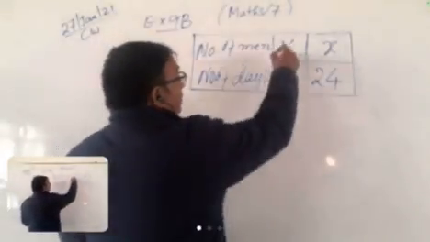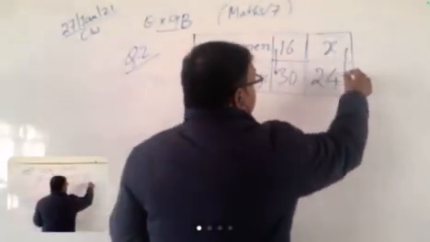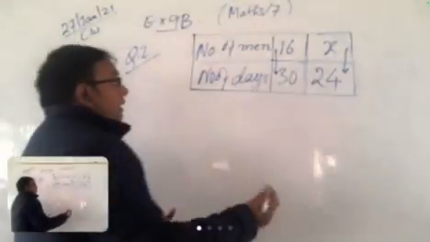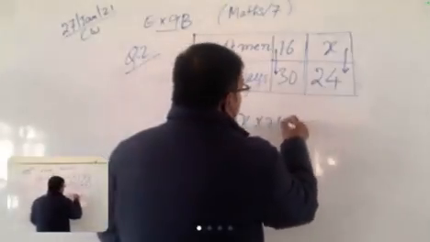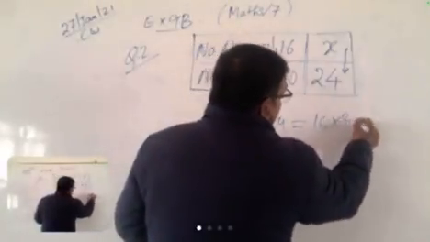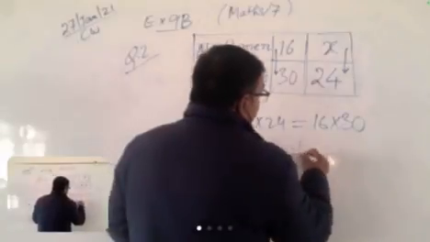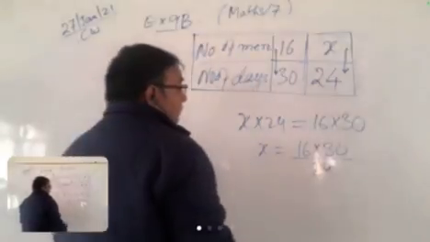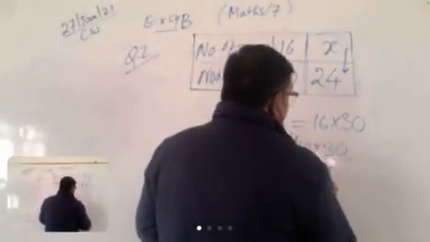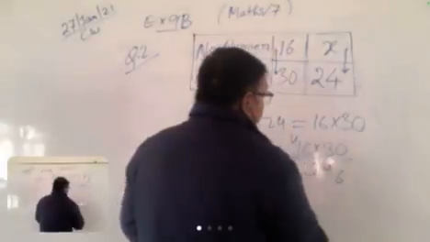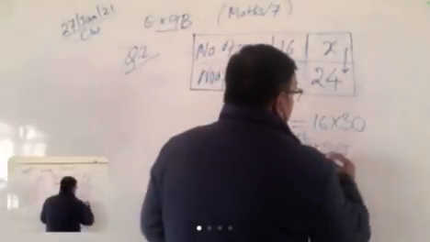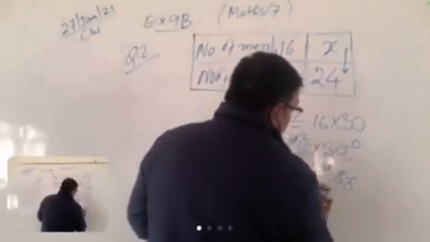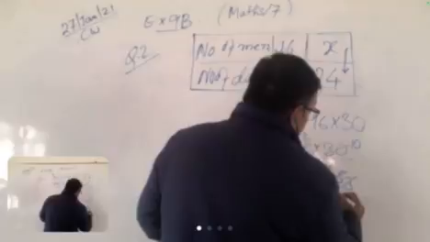Again, every time if it is inverse, then we have to put an arrow downward and then solve it. x multiplied by 24 is equal to 16 multiplied by 30. So x is equal to 16 multiplied by 30 upon 24. 4 fours are 16 and 4 sixes are 24. Now it is 2 and this is 3. So 3 tens. Now x is equal to 20 men.